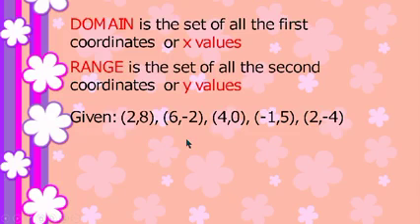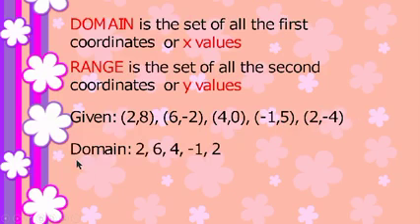So, for example, meron ganito sa activity ninyo for this week. Meron tayong given na set of ordered pairs: (2, 8), (6, -2), (4, 0), (-1, 5), (2, -4). So, what is the domain? The domain are 2, 6, 4, negative 1, and 2.